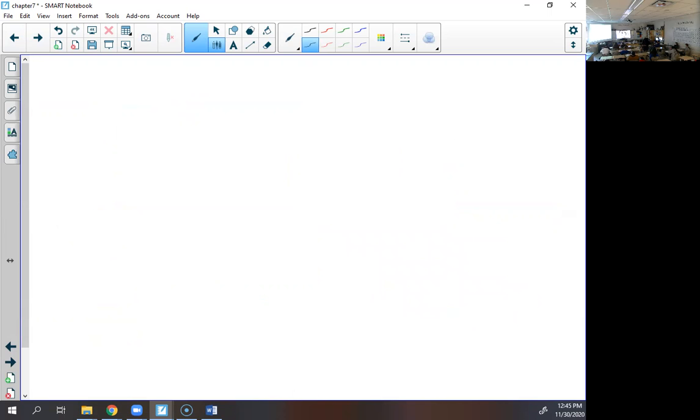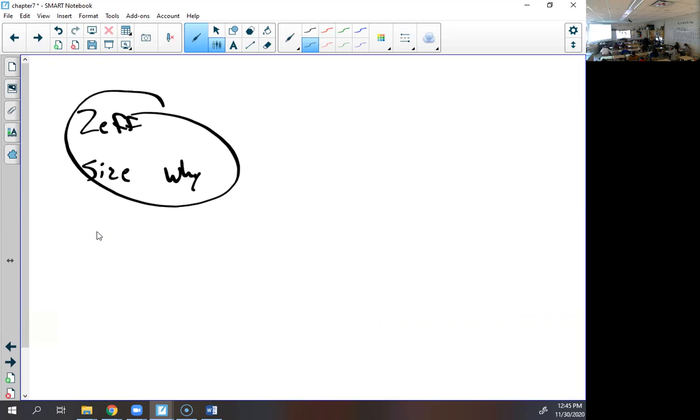Uh-oh, I switched screens. And technically, the eff is lowercase, but whatever. We should know Zeff, and we should know size, and we should know why. We should be able to accurately describe. What do you mean by lowercase?